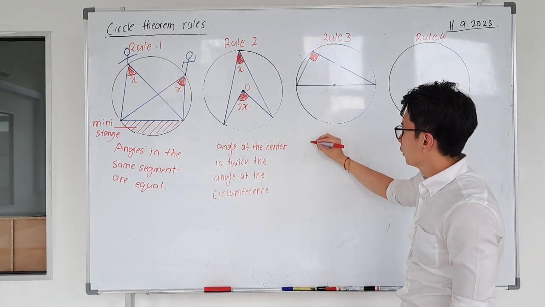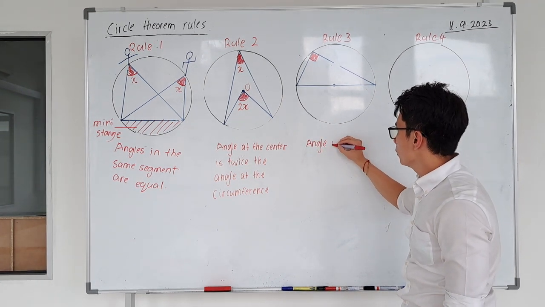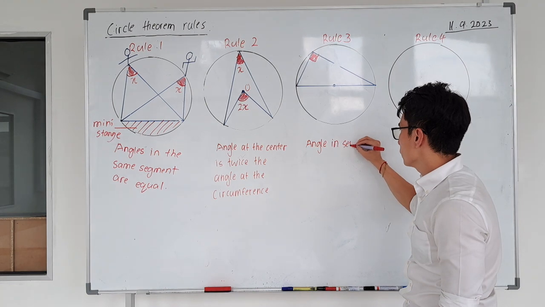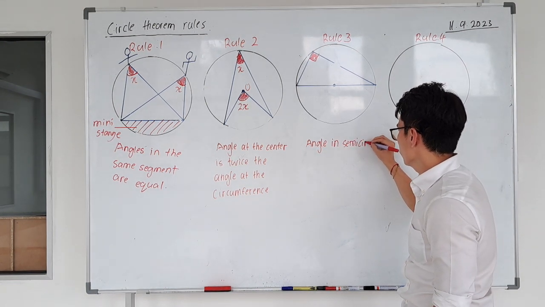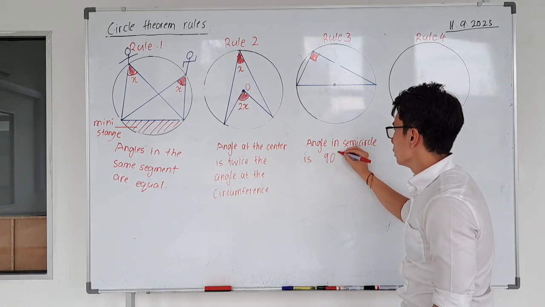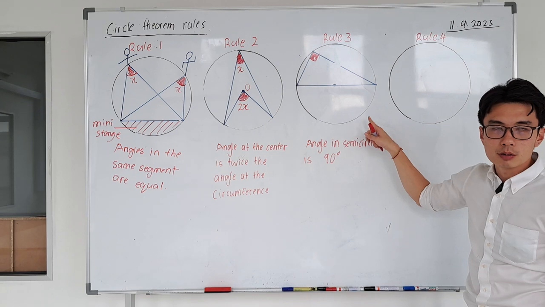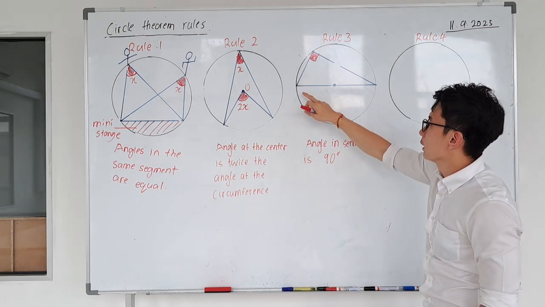Alright? So we can say over here, angle in semicircle is 90 degrees. Alright, because for angle in semicircle, remember the first thing that we drew is a diameter.